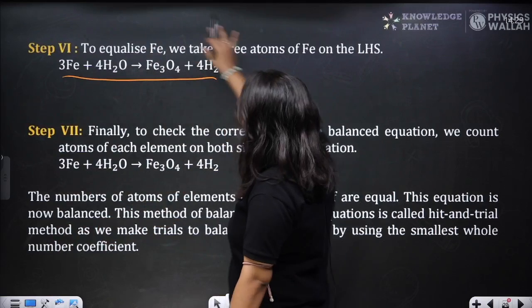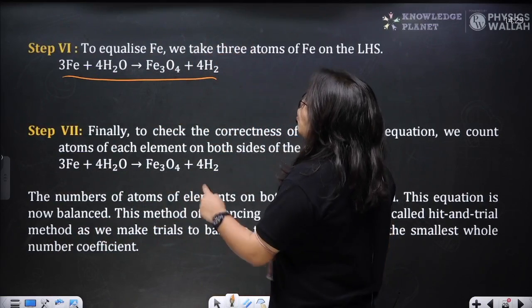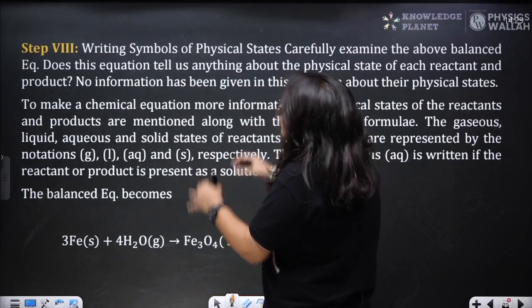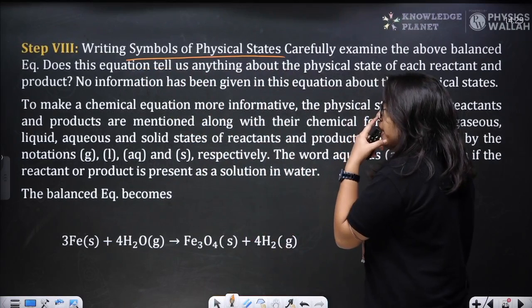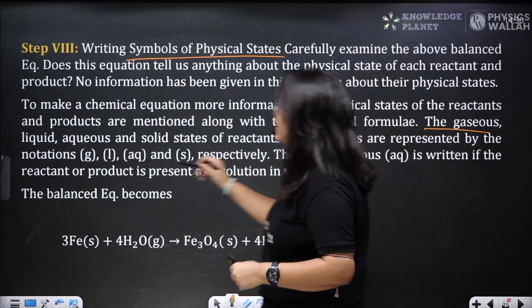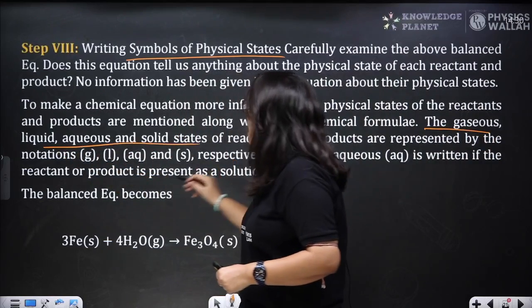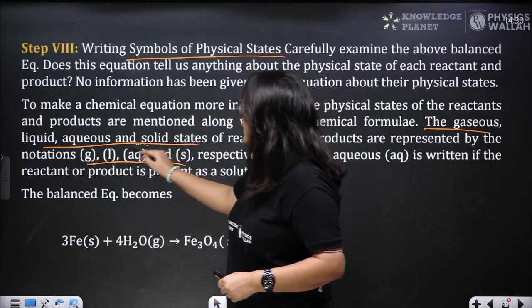After checking that this entire equation is balanced, what we focus on is writing the symbols of the physical states. The gaseous state, the liquid state and the solid state are given by the notation G, L and S, and the aqueous state is given as AQ.